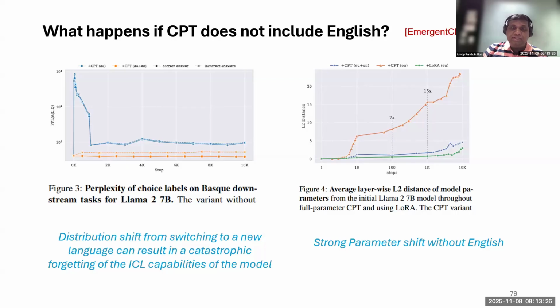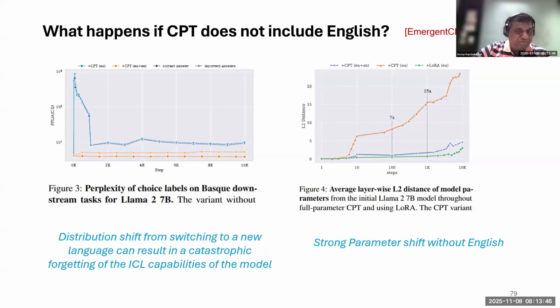Second, if you look at the distribution of vocabulary, there is a major change when you fine tune without English. In particular, the plot on the left looks at the probability distributions for each choice in the case of multiple choice questions.